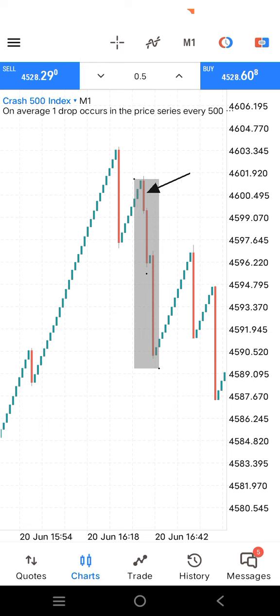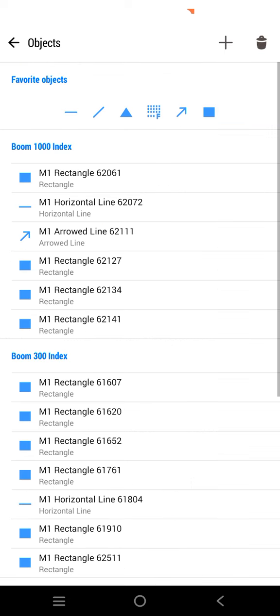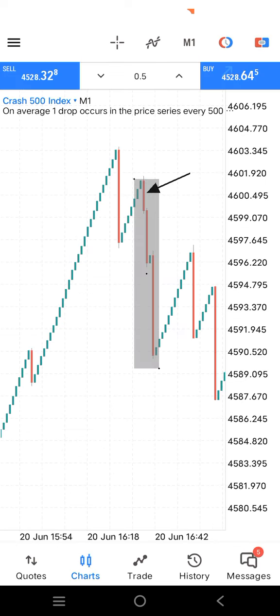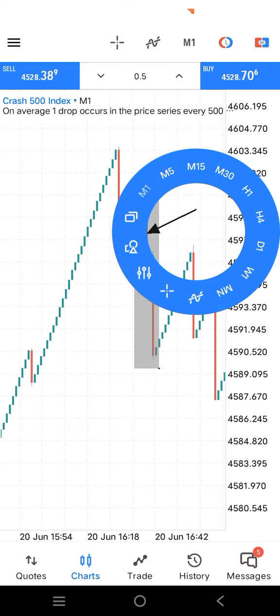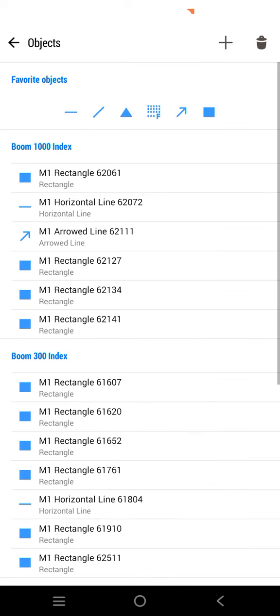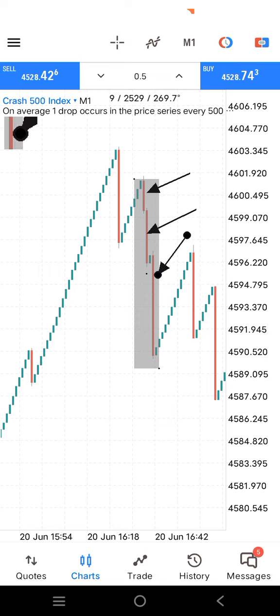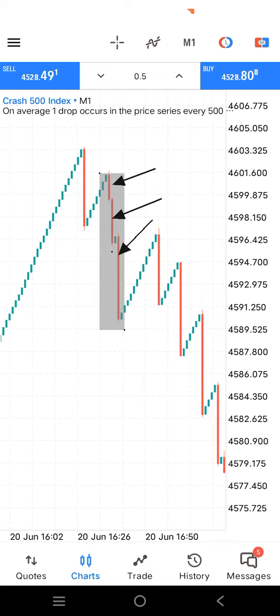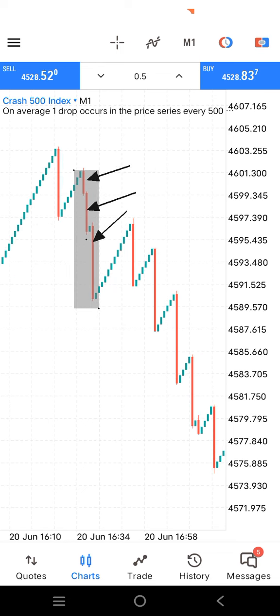This is the first one, after 1 minute this is the second one, and with a 1 minute gap there is one more. These three spikes immediately dropped in a row. So this is the strategy. You need to understand it well. It's really very easy, simple and powerful.